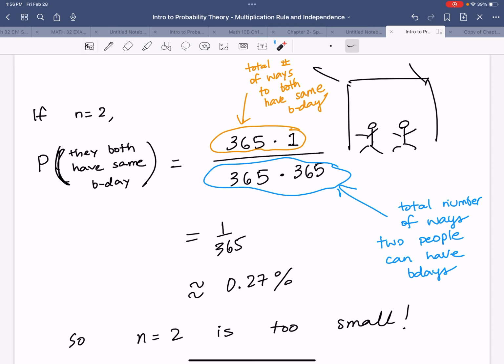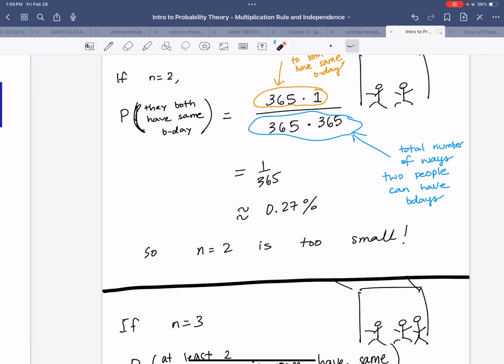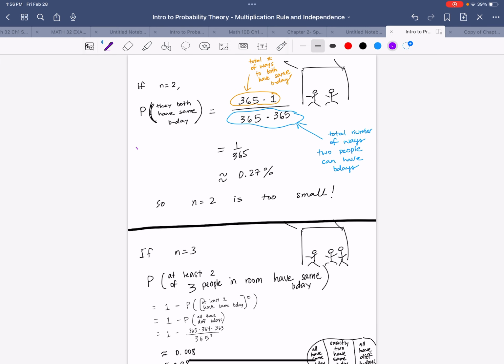That means we were not allowing the possibility that somebody was born on February 29th. So we were assuming no one is born on leap day.